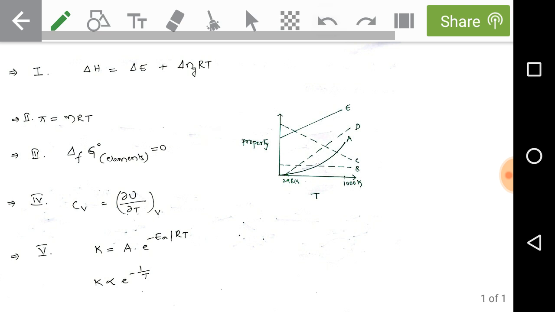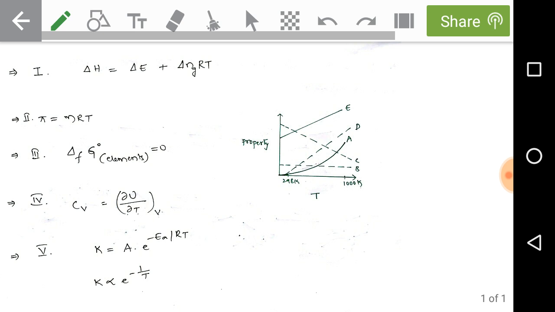That simply indicates that in the graph the curve or line should not start from zero, because the initial enthalpy of reactant is more than zero. That's why the possible lines related to the first property, enthalpy, are E, C, B.